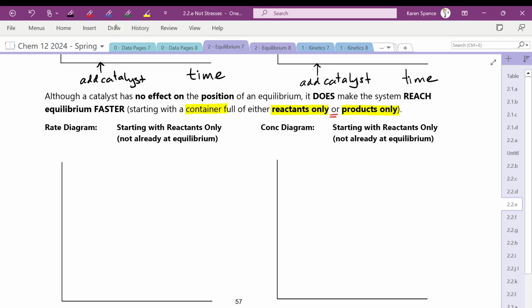So we are going to have our rate diagram where we're starting with reactants only.